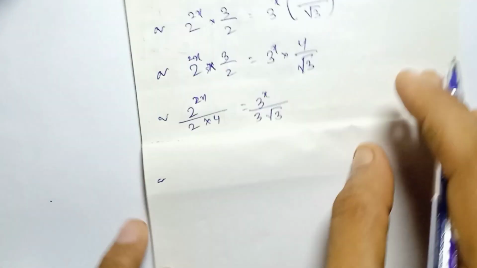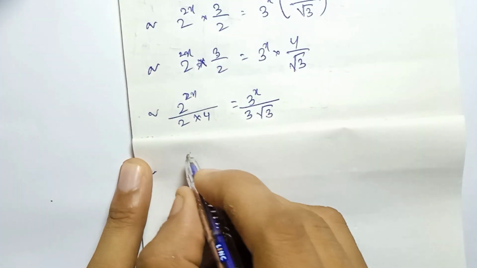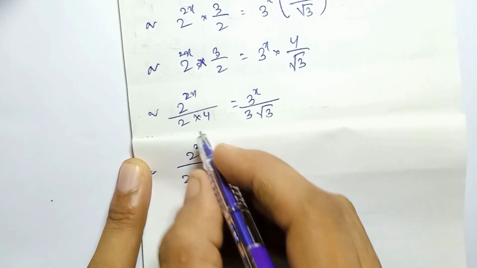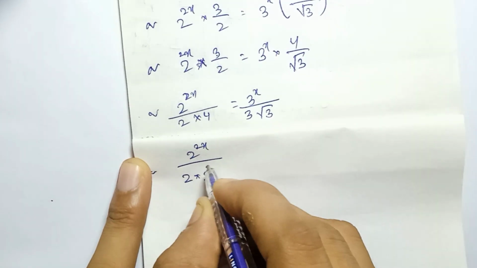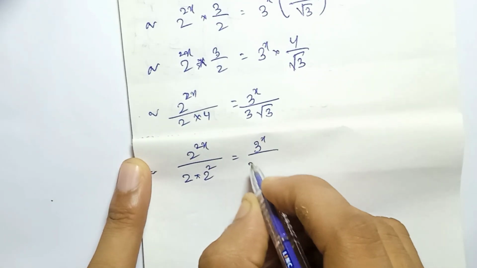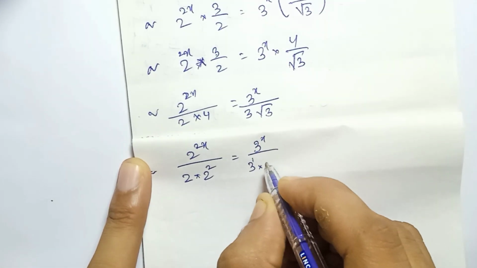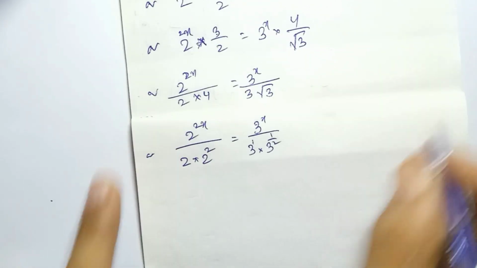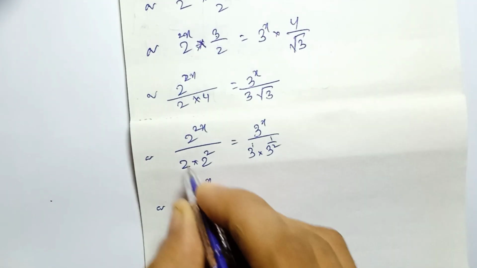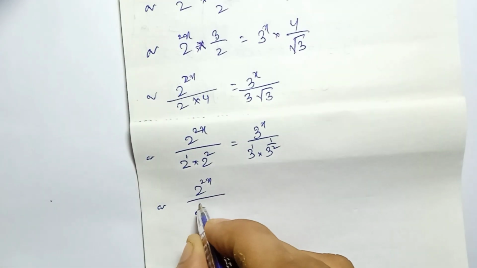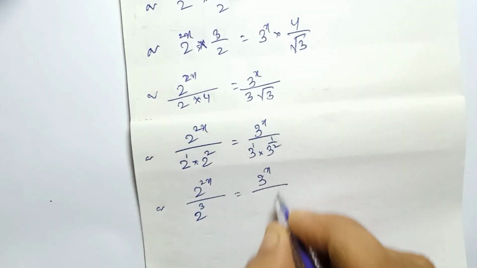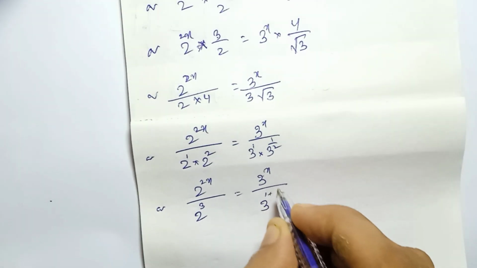Okay, so here it's 2 to the power 2x by 2, and we can write 4 as 2 to the power square, is equal to 3 to the power x, it's 3 to the power 1, and we can write 4 as 3 to the power half. So here 2 to the power 2x and 2 to the power, here the power is 1, so here it will be 3, and here 3 to the power x, 3 to the power 1 plus 1/2.